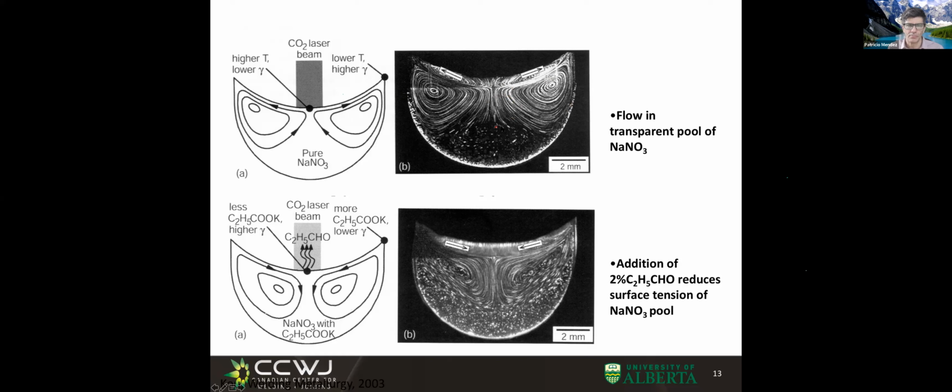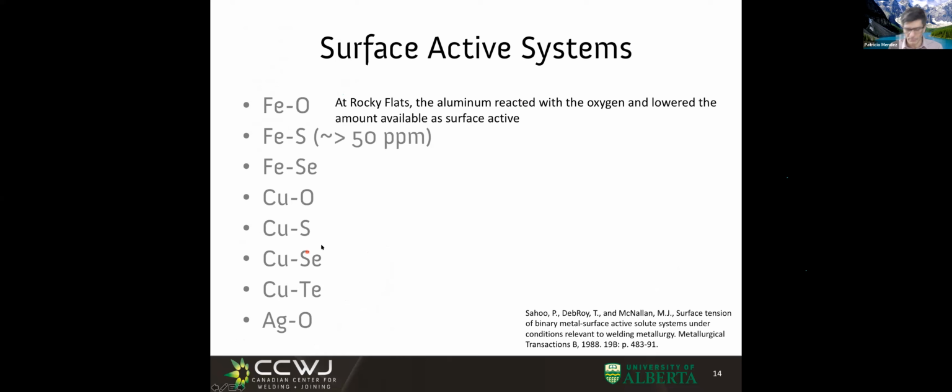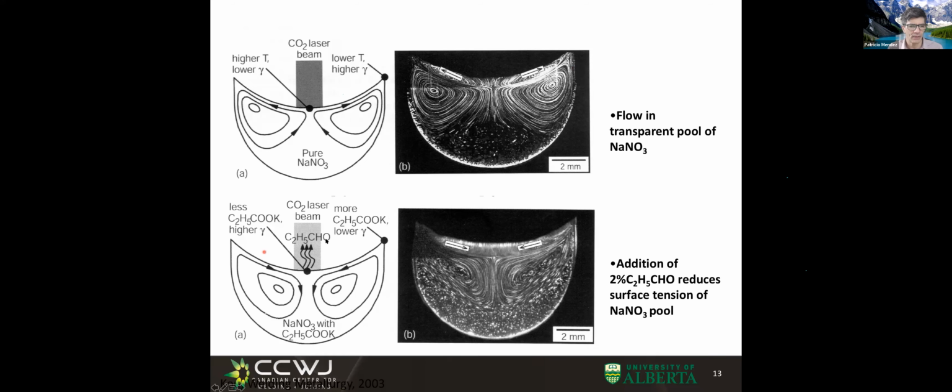But what this shows you is how the heat would be taken to the side, and you can have a wide weld bead. You would have better wetting, but low penetration. Now, if you have a surface active element, right?